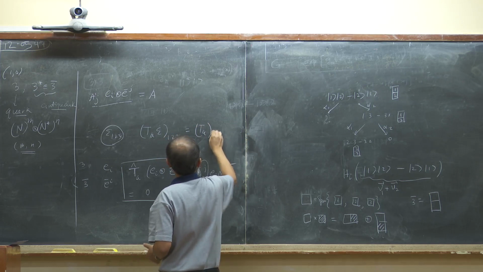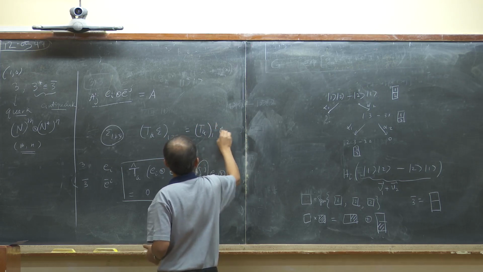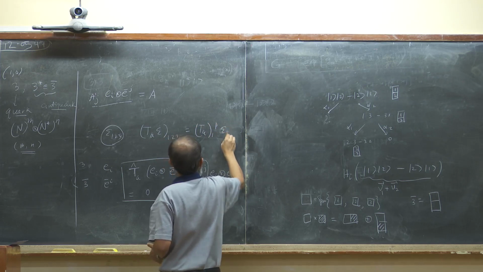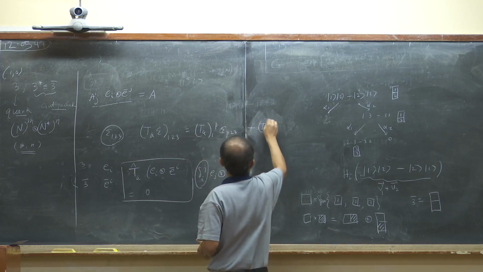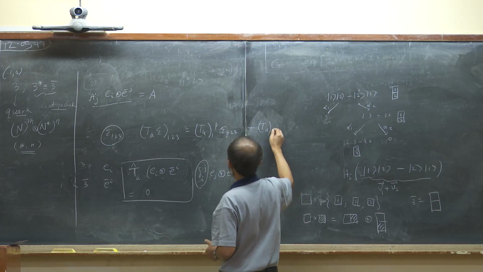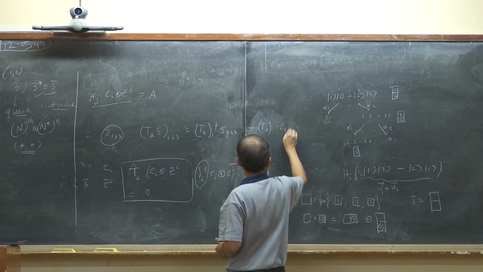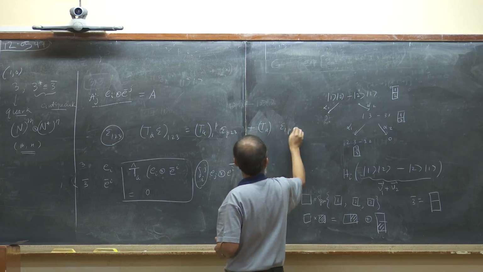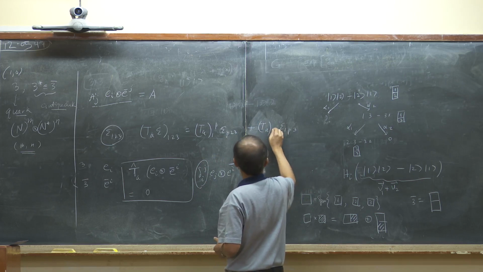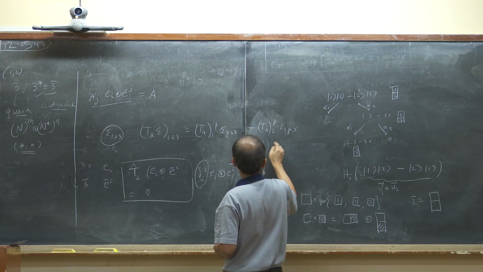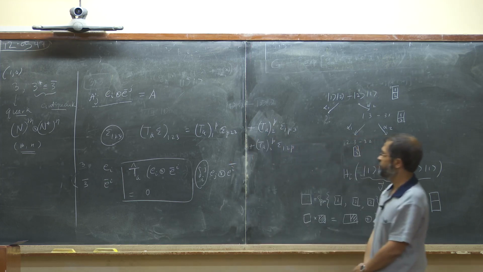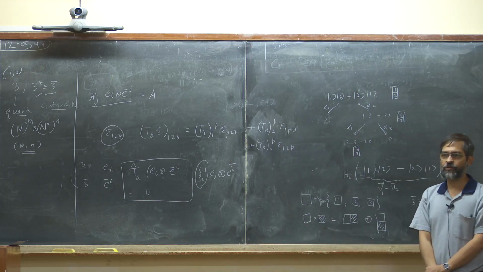I will get T^A_1p epsilon_p23 plus T^A_2p epsilon_1p3 plus T^A_3p epsilon_12p. This is how it will go.